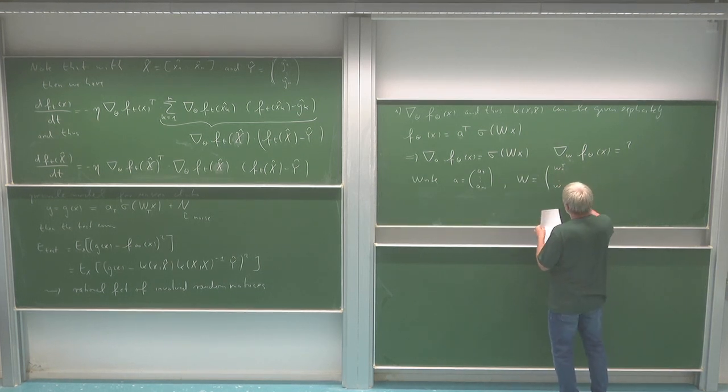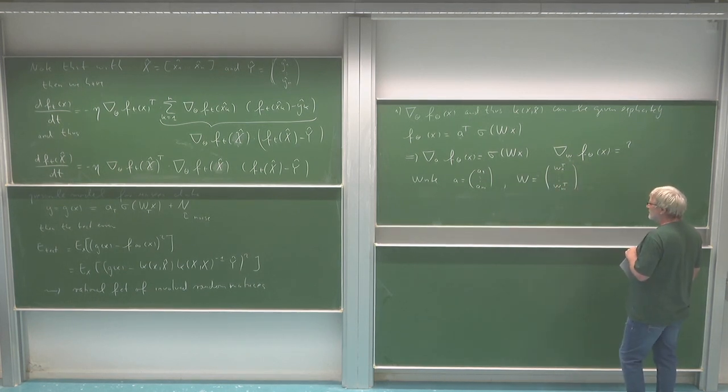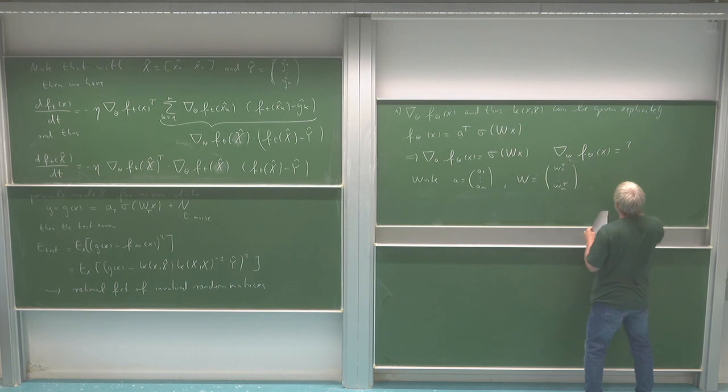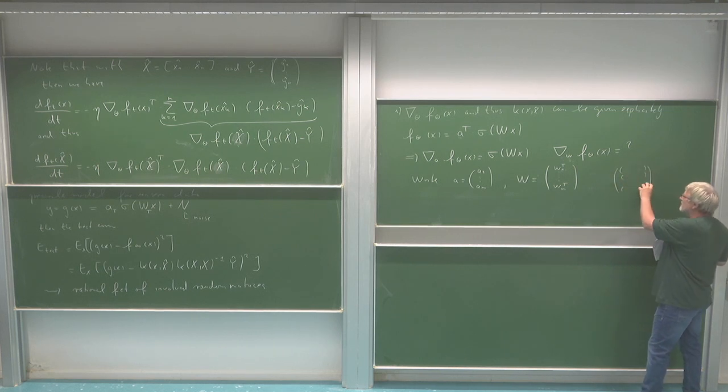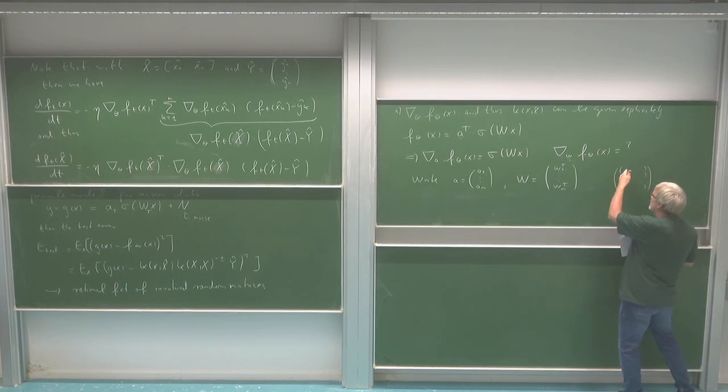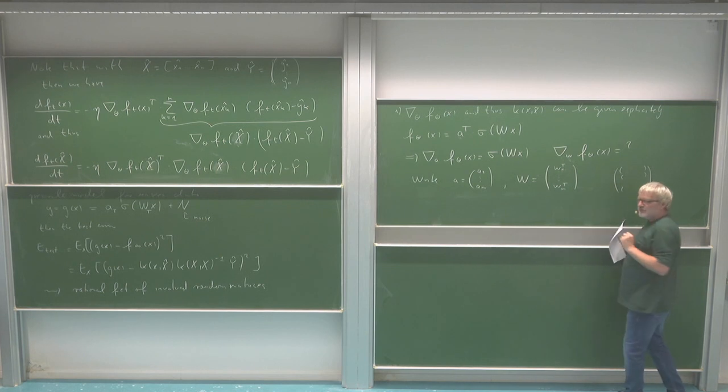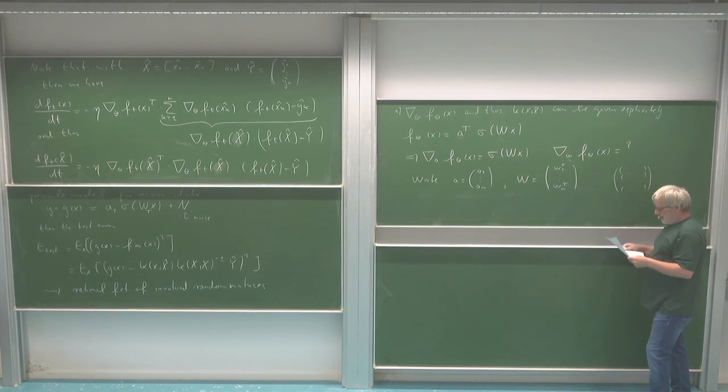So I'm thinking of W as consisting of just row vectors here. And the transpose of this row vector is W1. The transpose of this is WM.